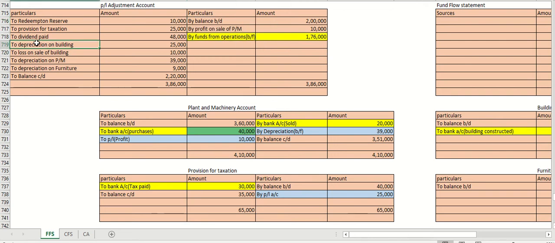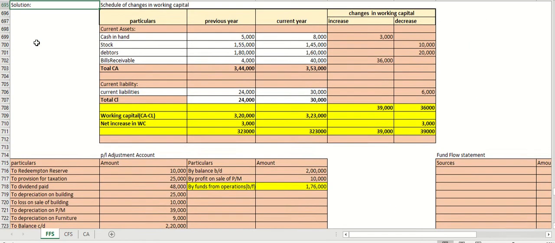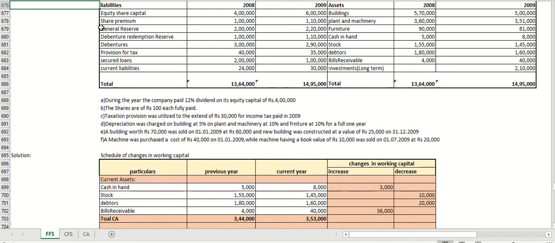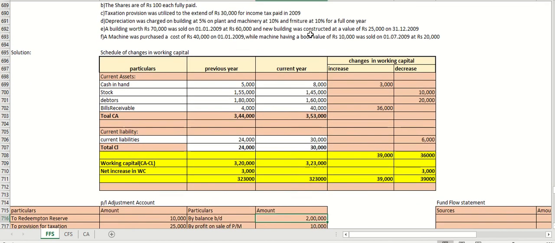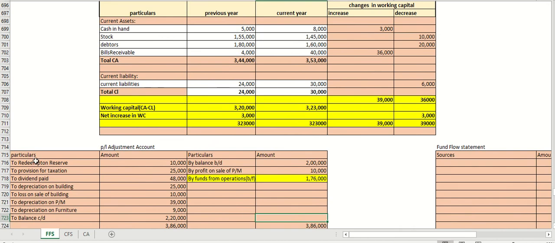So moving on to the question, we have the debenture redemption reserve, which has increased from 1 lakh to 1,10,000. So that increase will be shown in your profit and loss adjustment account as to redemption reserve 1 lakh minus 1,10,000, which is 10,000.